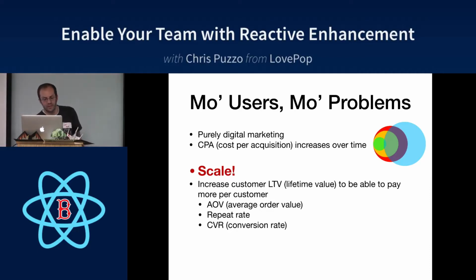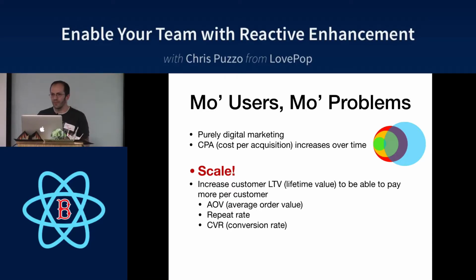So really what we need to look at is, if our primary number is cost per acquisition, what is the lifetime value of that user that we're acquiring. To make the cost per acquisition work, if it's going to go up over time naturally and we can't control that, then we have to figure out ways to increase the lifetime value.